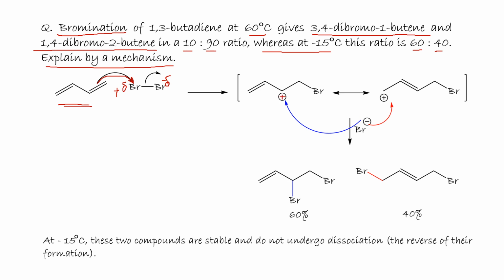It resonates between two structures. These are the two resonance structures. The Br minus then attacks in the second step either with the blue arrow or the red one to form the 1,2 adduct and 1,4 adduct in 60 to 40.